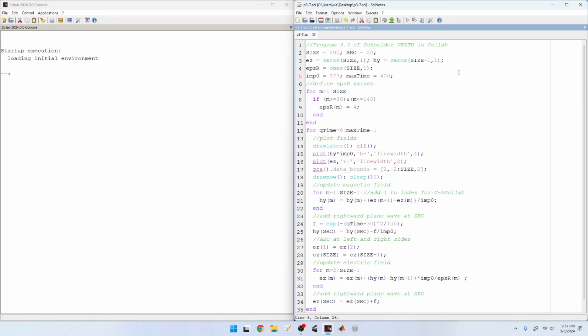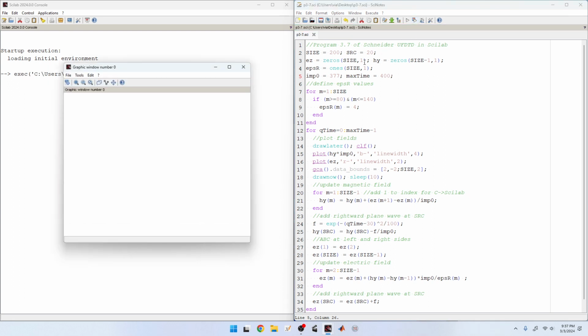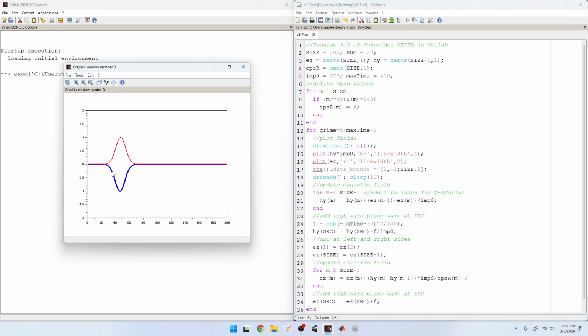So here we are where we left off with our code, and this allows us to do the inhomogeneous dielectric constant. Here we go. We've got a medium right here. We got a reflection, transmission into the medium, a reflection at the back wall, absorbing boundary conditions, another reflection from the front wall, and etc. Okay. So here's what we're going to do.